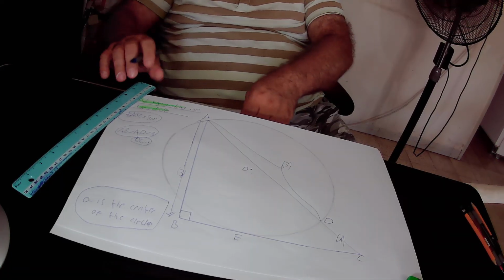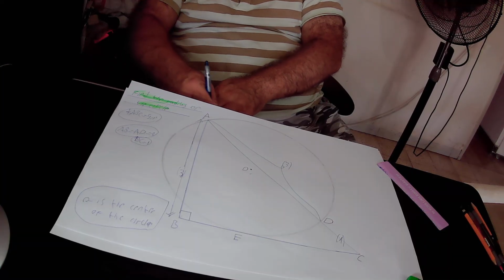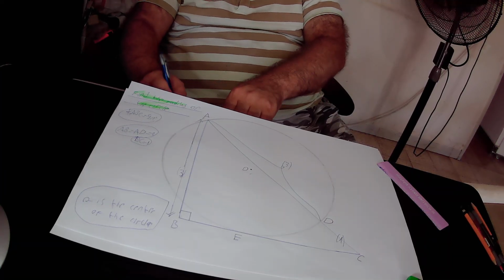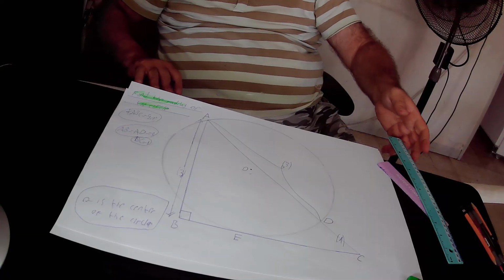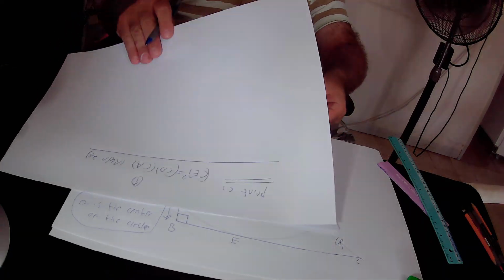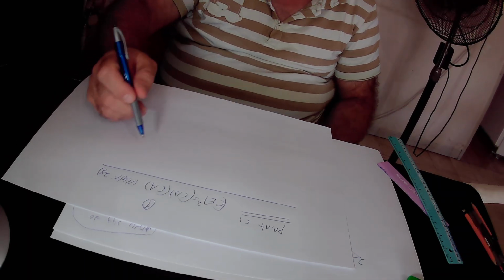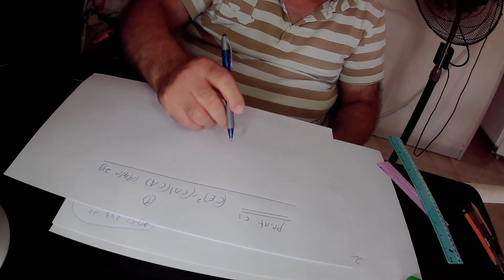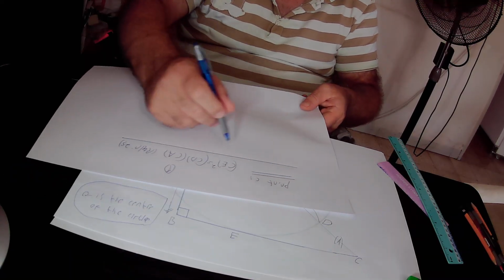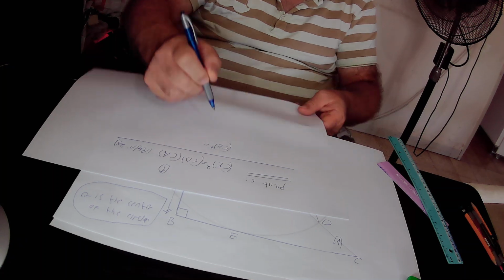Then again, according to rule 25, if we focus on the common start point, point C, the following equation is true: CE squared equals CD times CA. CE is the missing side, so we leave it as CE squared.